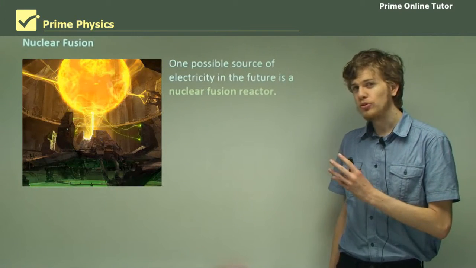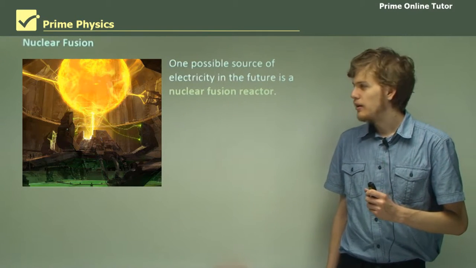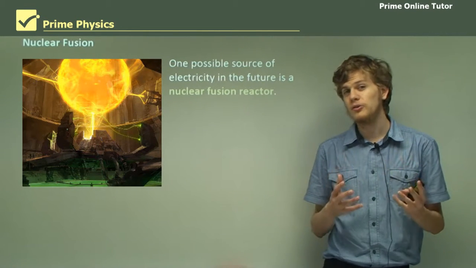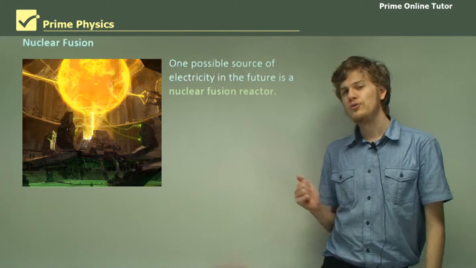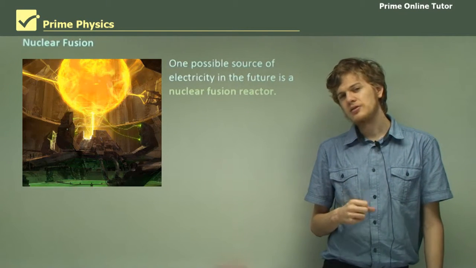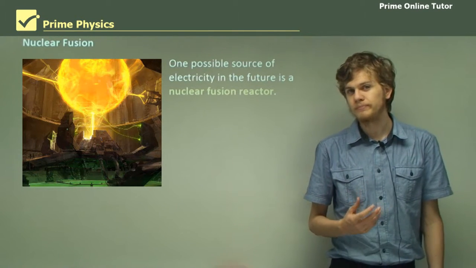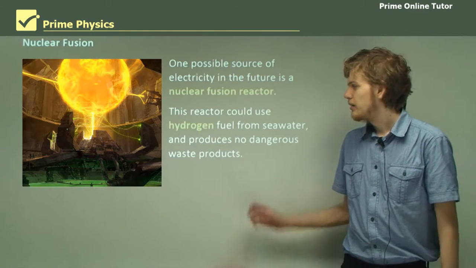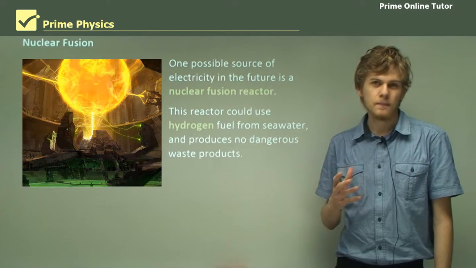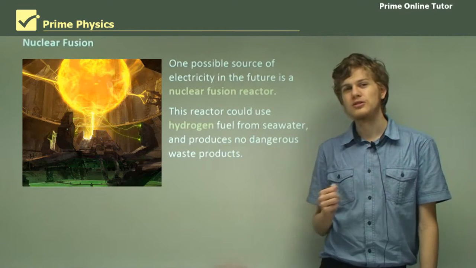But one possible source of electricity in the future that we haven't really mastered in the current time is the nuclear fusion reactor. And this differs from an ordinary nuclear reactor. So a nuclear fusion reactor uses hydrogen for fuel instead of uranium.